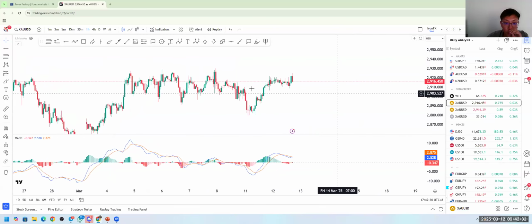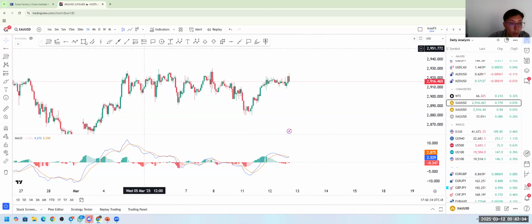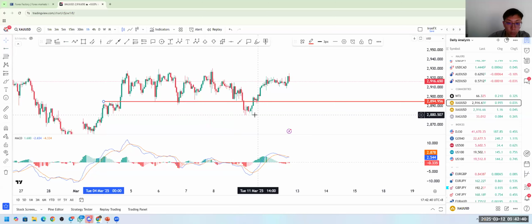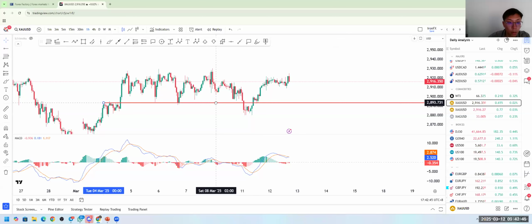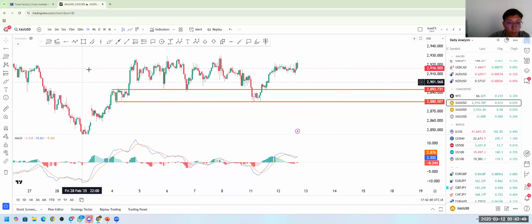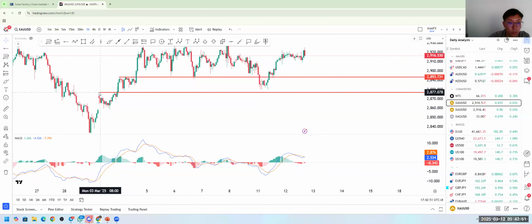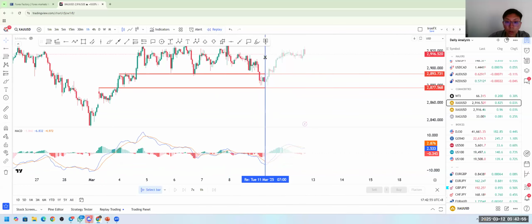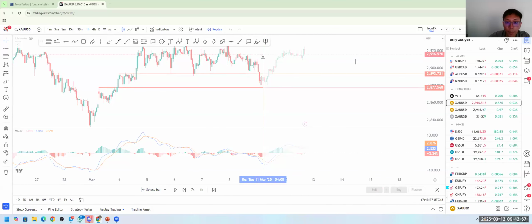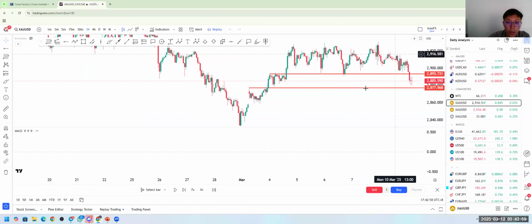Okay, gold is a little bit choppy now, right? You can see right here, okay, if I were to go here, let's say price is right here.